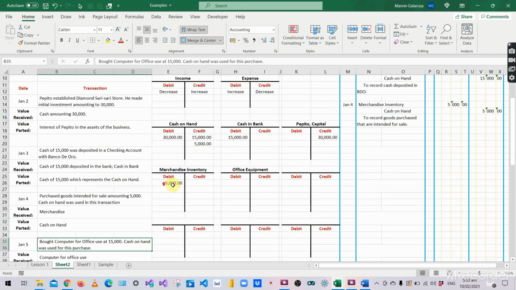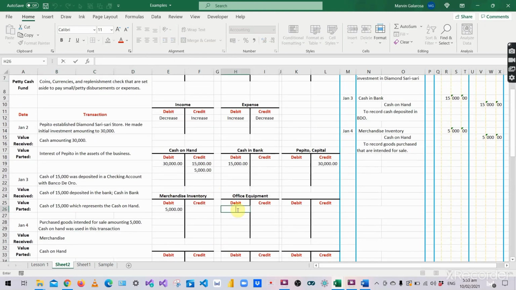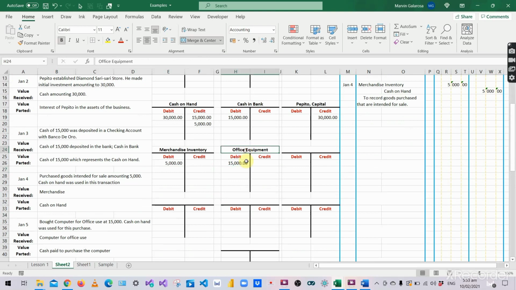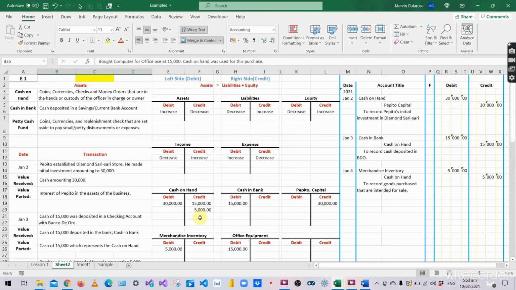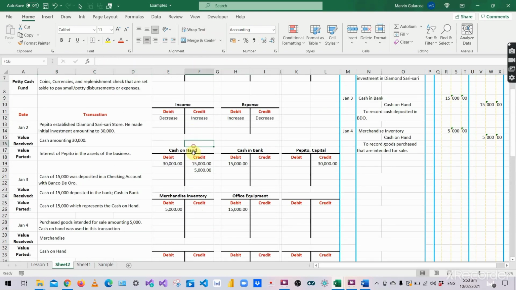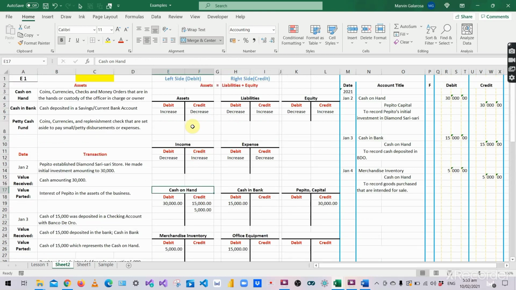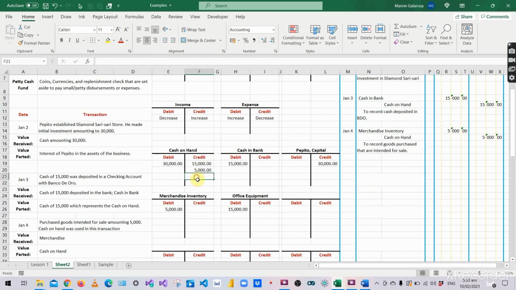So yung 15,000 pesos, lagay natin siya sa debit side ng office equipment. Para ma-purchase si equipment, nagbayad tayo ng 15,000 pesos cash. Si cash on hand ay isang asset. Ang decrease sa asset is recorded on the credit side. So, lagay natin yung 15,000 on the credit side of cash on hand.